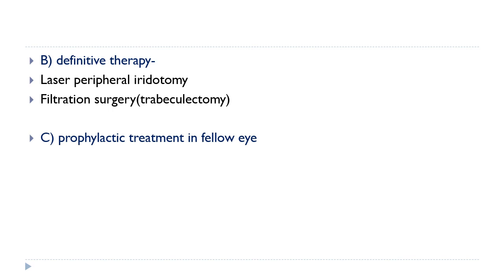But once the inflammation has settled and the patient is symptomatically okay, you can go for filtration surgery, that is trabeculectomy, which is commonly done. You also have to take care of the other eye, because there is a chance of acute angle closure glaucoma in the other eye too. So we have to do a peripheral iridotomy in that patient.